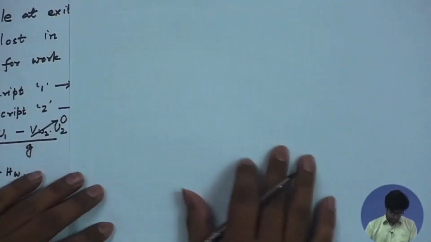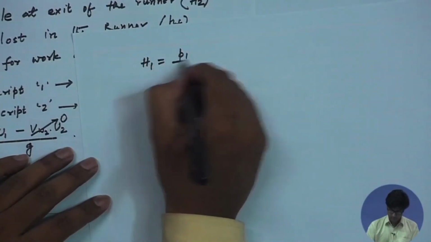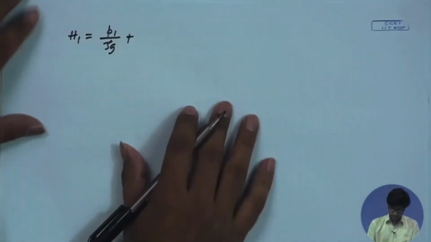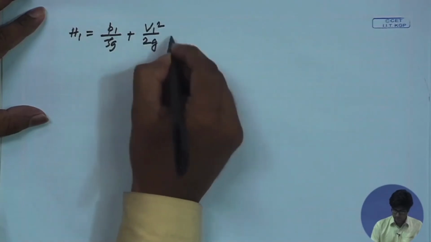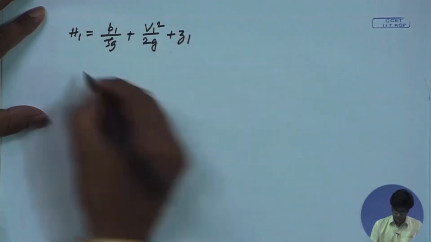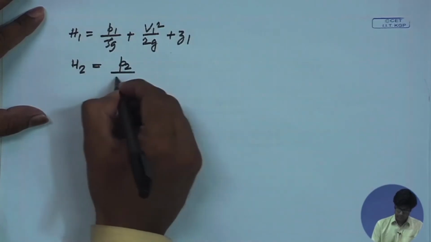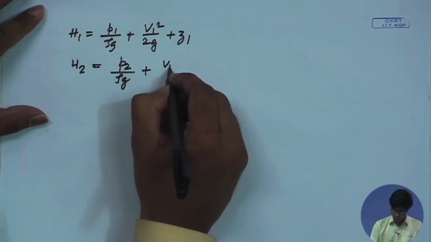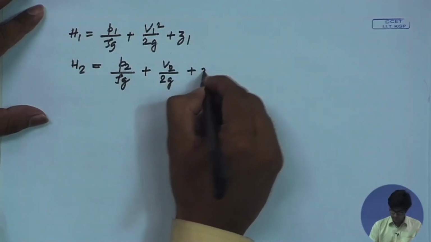So, H1 now can be written as P1 by rho g plus V1 square by 2g plus Z1. H2 is P2 by rho g, that is the pressure head, plus the velocity head at the exit plus the potential head.